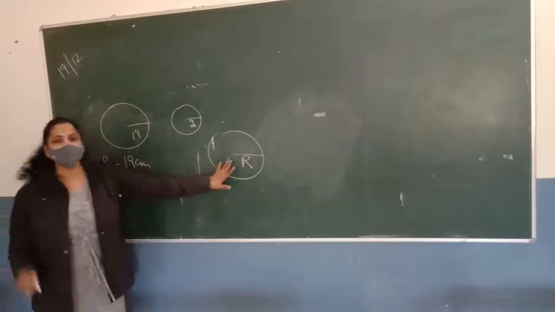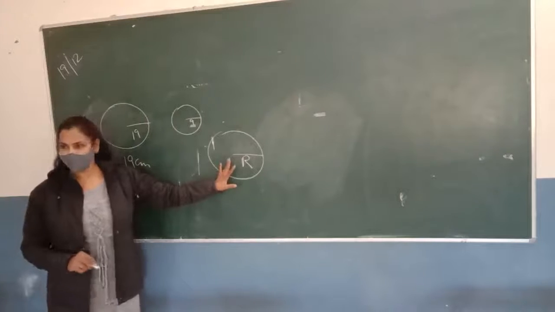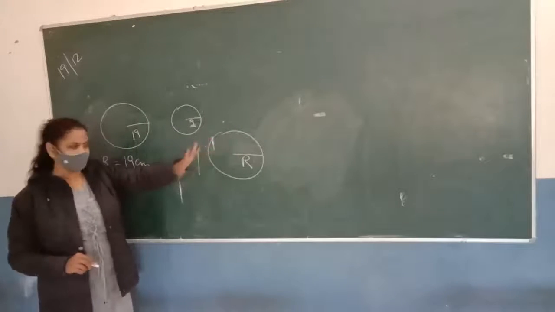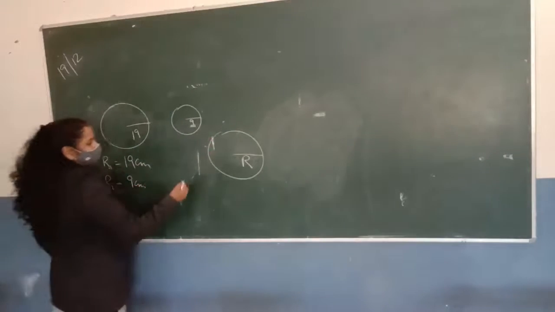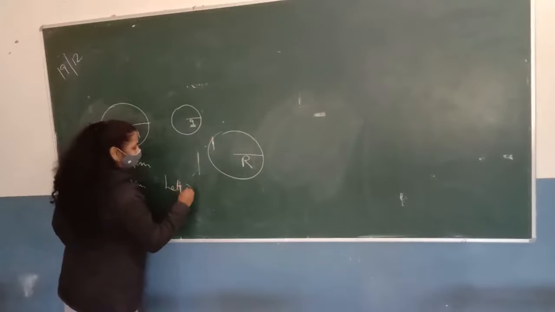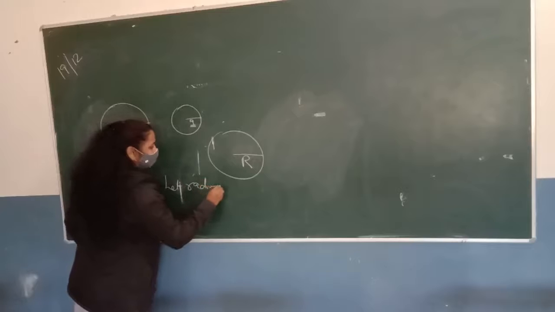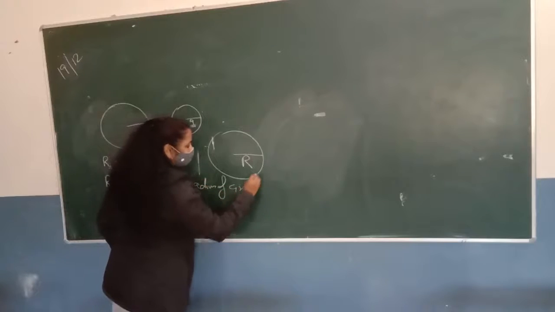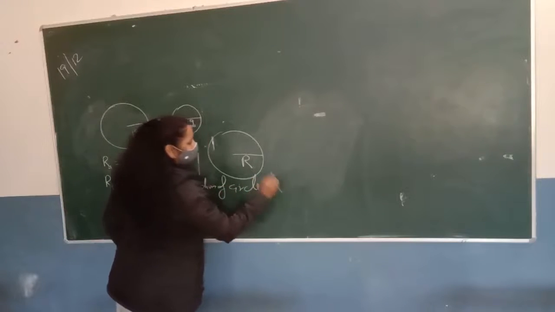So let the radius of the circle be r. You can take small r or capital R, whichever you want to write. Okay.